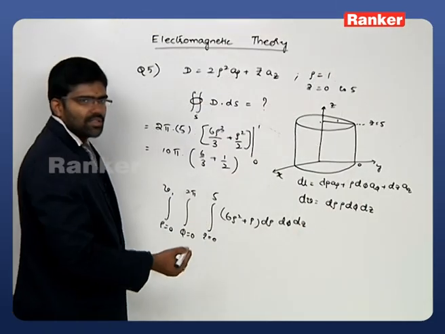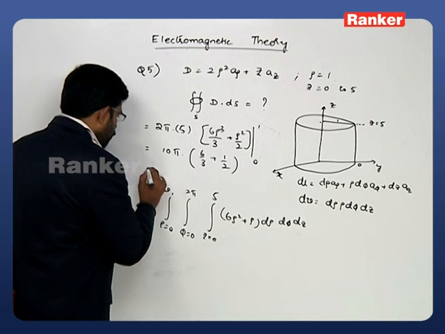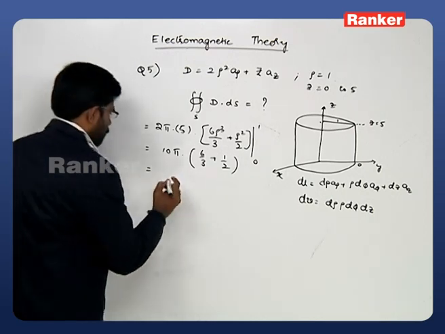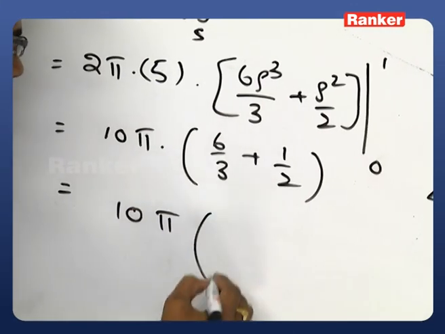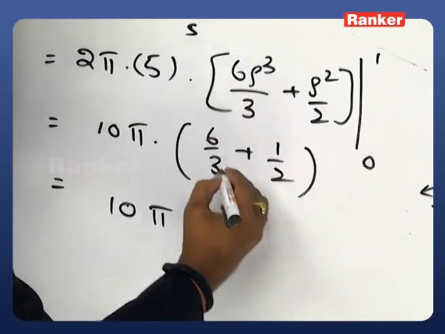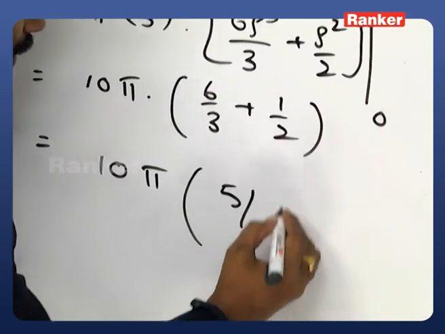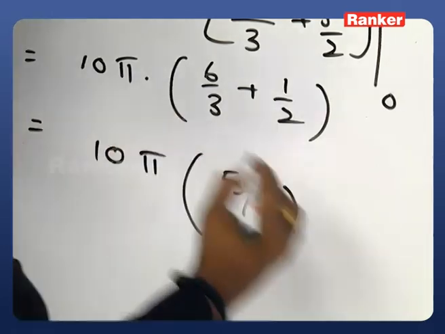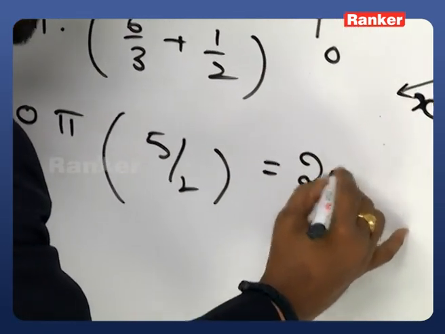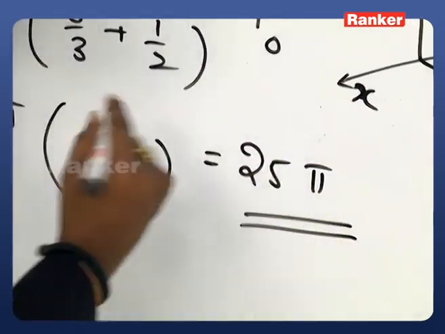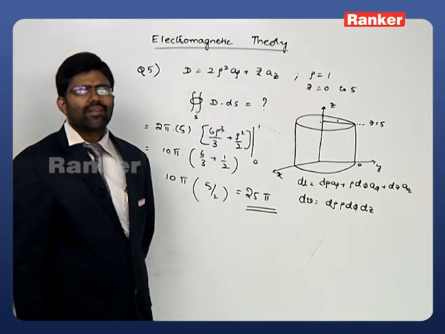The lower limit 0 always gives 0. So this equals 10 pi into (2 plus 1 by 2), which is 5 by 2. So the 2 will be cancelled, 5 into 5 gives 25 pi. So this is the answer we got in our earlier step.